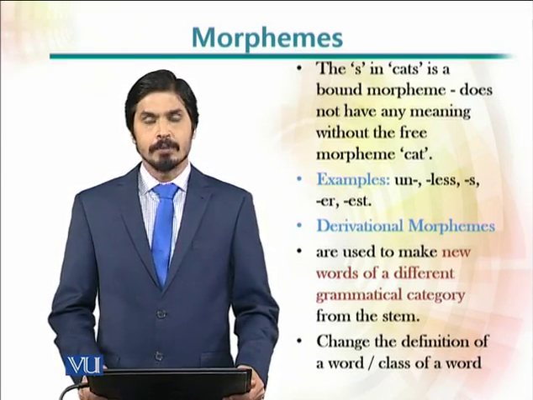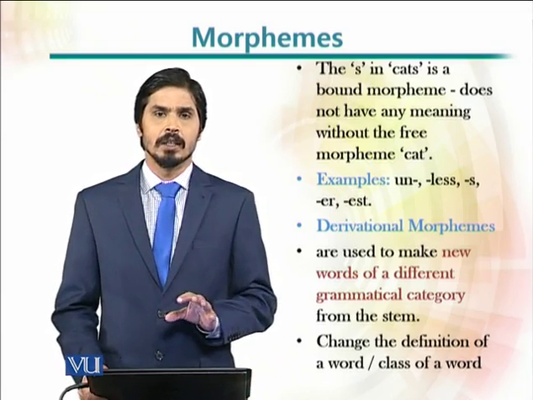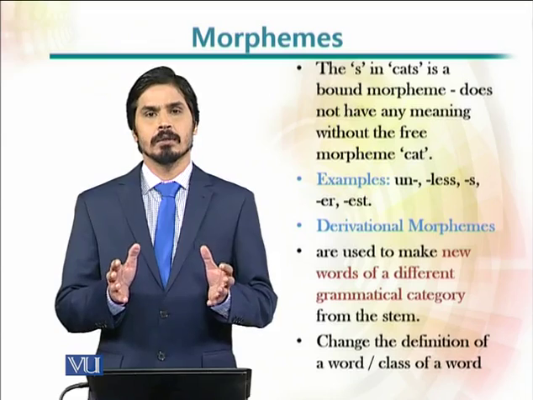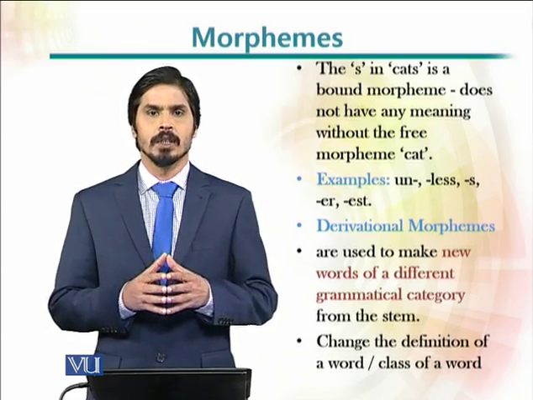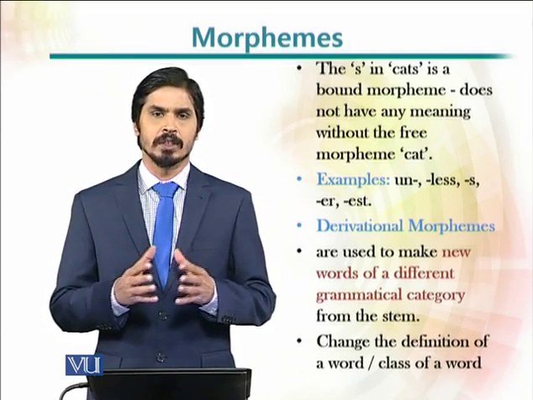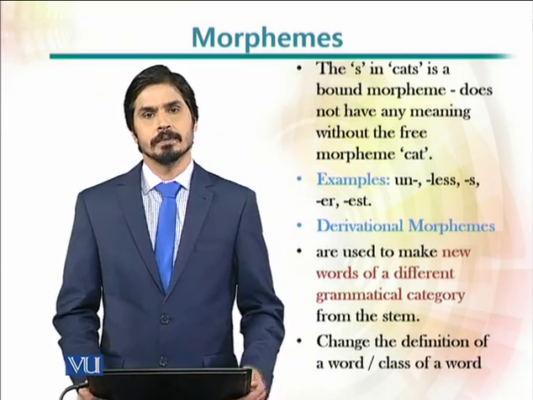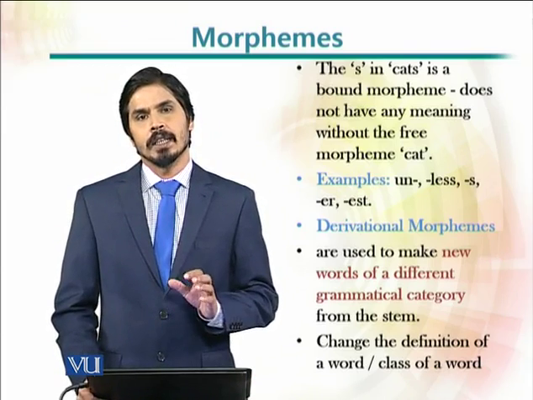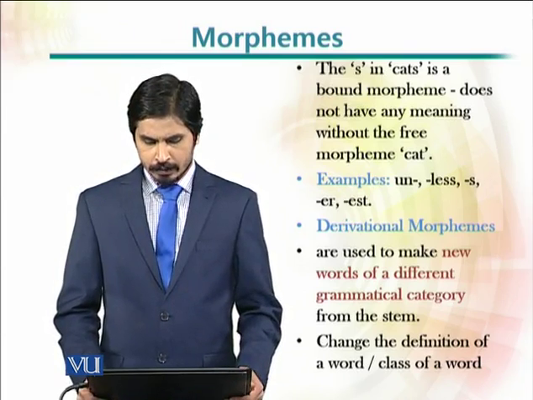We have further examples like un in unless and the morphemes er or est, which are used to convey the category or degree of adjective. They could be the typical examples of these kinds of morphemes.